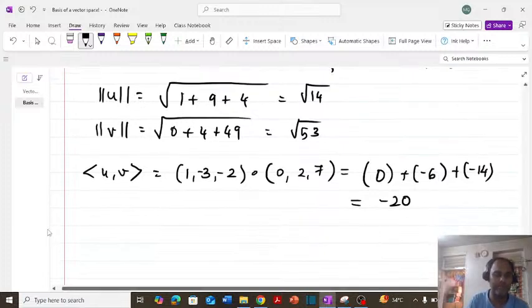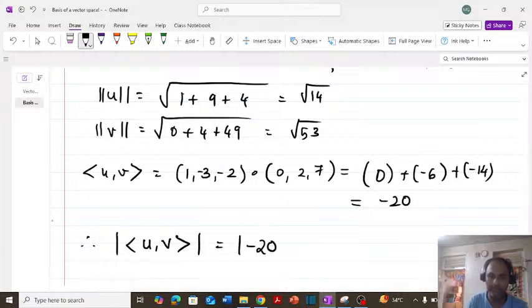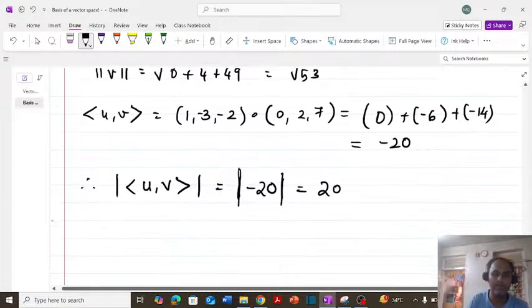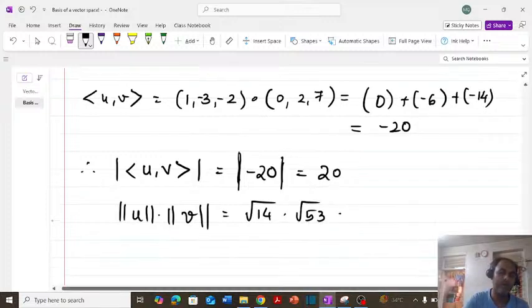Now it is obvious that the modulus of uv is the modulus of minus 20, which is 20, and norm u norm v is root 14 into root 53.